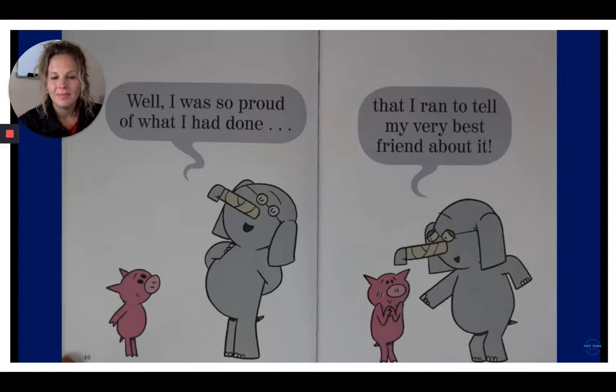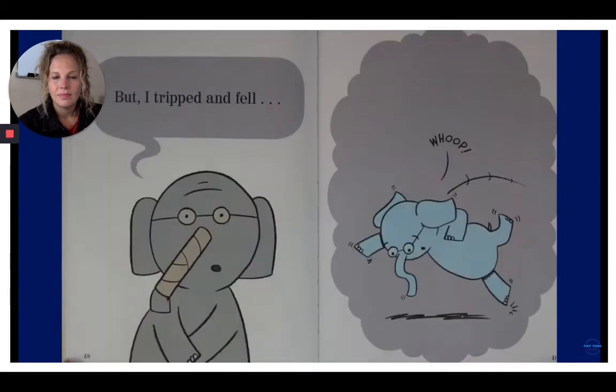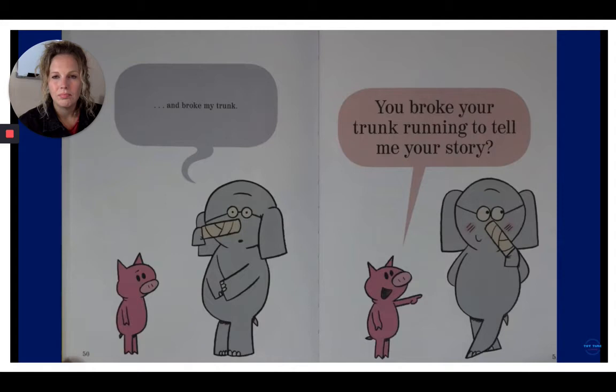Well, I was so proud of what I had done that I ran to tell my very best friend about it. But I tripped and fell. Whoop! And broke my trunk. You broke your trunk running to tell me your story?